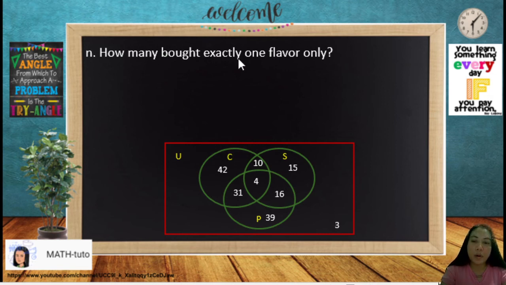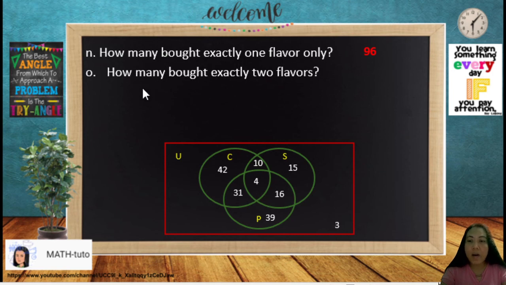Now, how many bought exactly 1 flavor? That will be the set of all elements who only bought chocolate only, strawberry only, or pistachio only. That is 42 plus 15 plus 39, which is 96. Next, how many bought exactly 2 flavors?